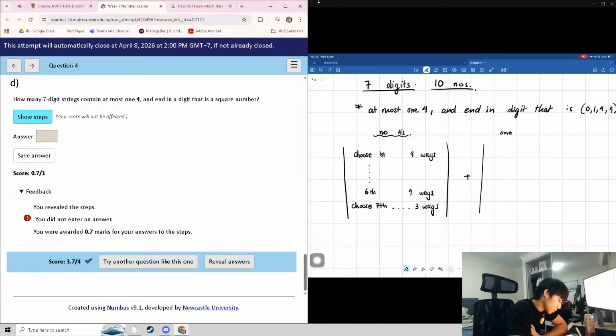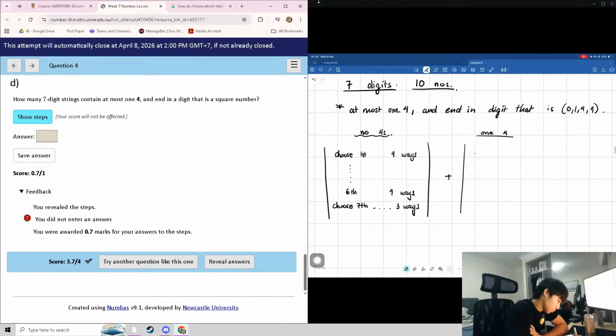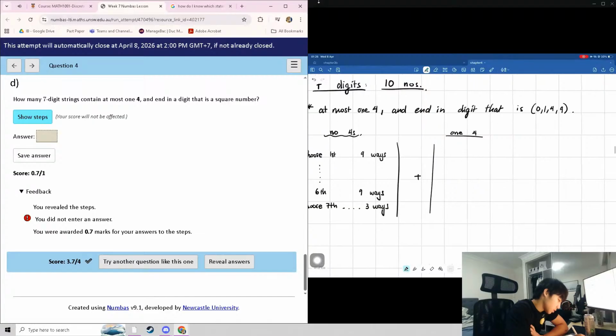Then one 4. And this is one 4 in the digits.